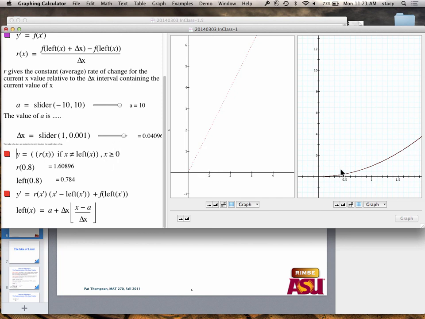My approximate accumulation function is now fantastic, and so I can trust that the corresponding approximate rate of change function is getting pretty darn close to the exact rate of change function. And in fact, that's where we're going to have to go on Wednesday.